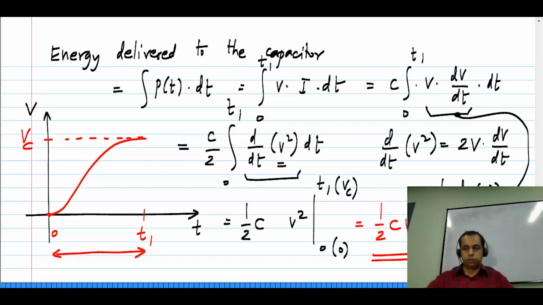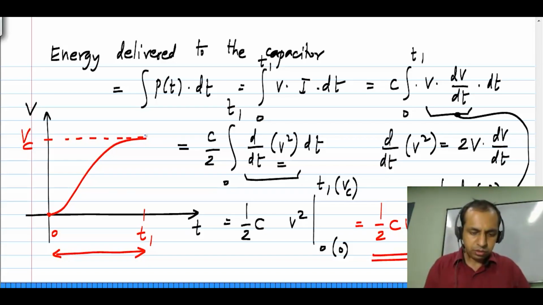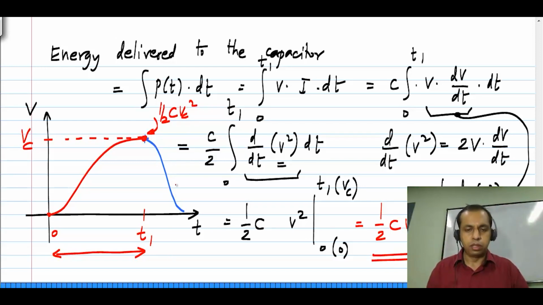Because if you now take it back to 0, what I just showed you, this energy is the energy in the capacitor over here. Let's say after that the capacitor voltage goes to 0, like this, and we know that in this interval when the voltage is positive and the time derivative is negative, it delivers power.